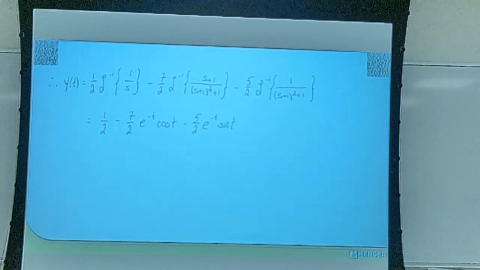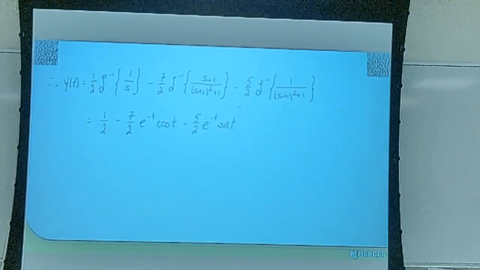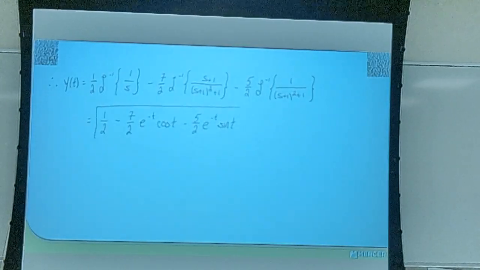And that last one is just e to the negative t sine t, times the negative 5/2. There's your solution.